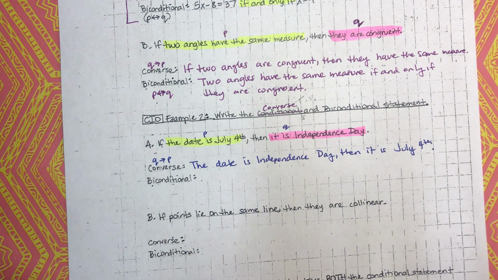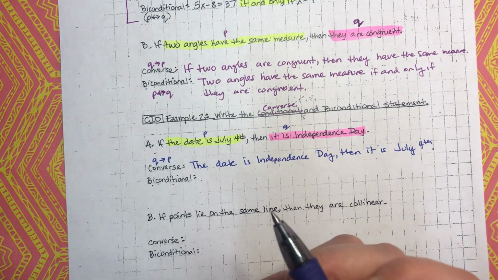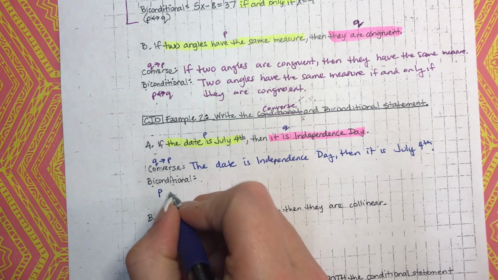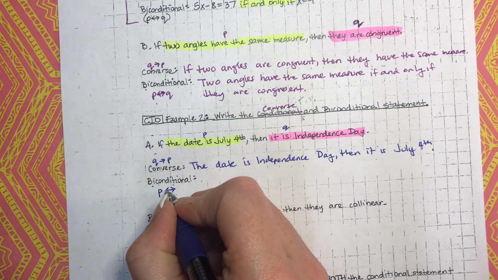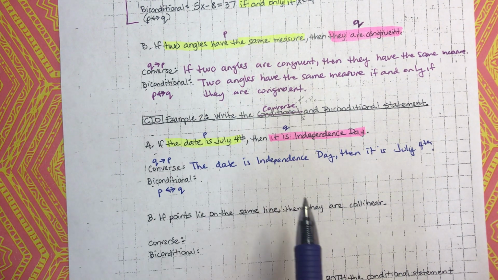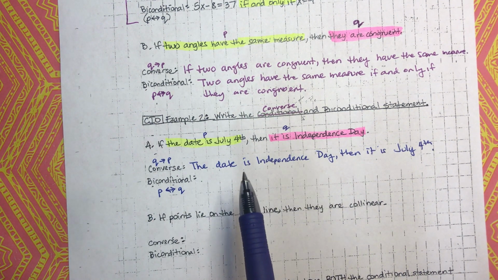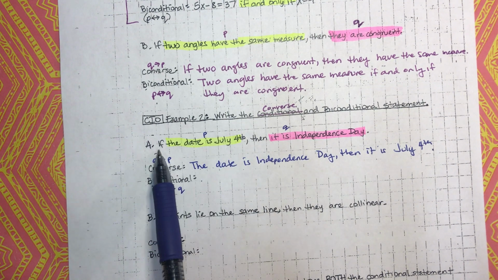Now we're going to write the biconditional, which is P with the double arrow with Q. Remember, you don't say the word if.